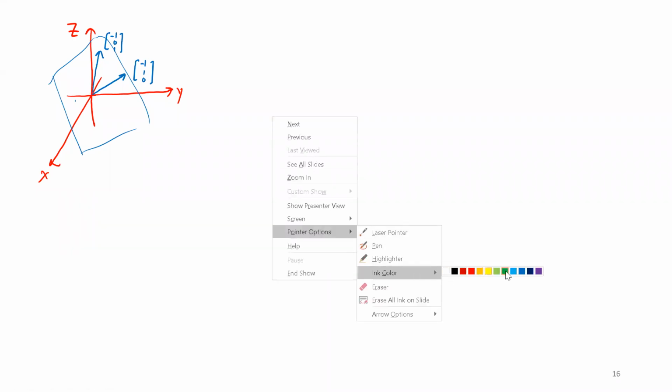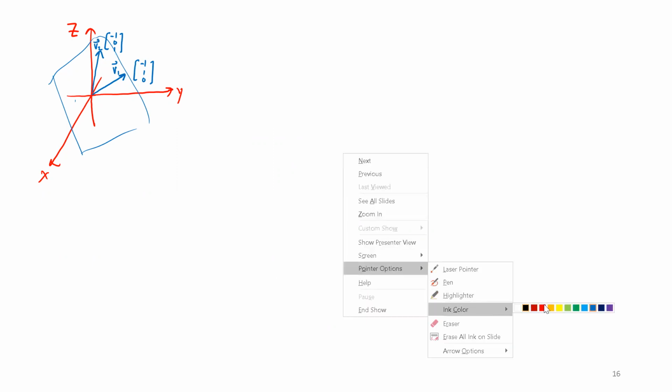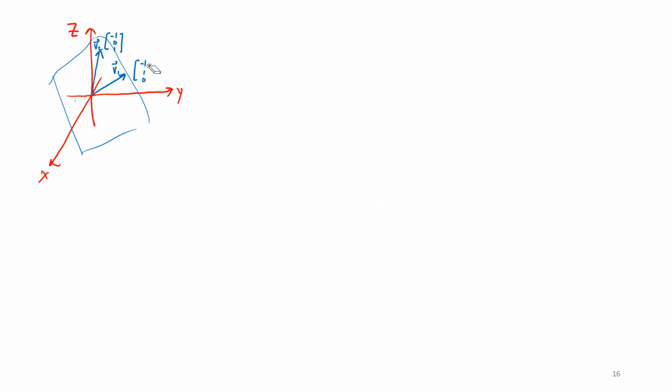Let me label them. Let me call this V1, and then this is V2. Forget about the actual values, just two vectors anyway.